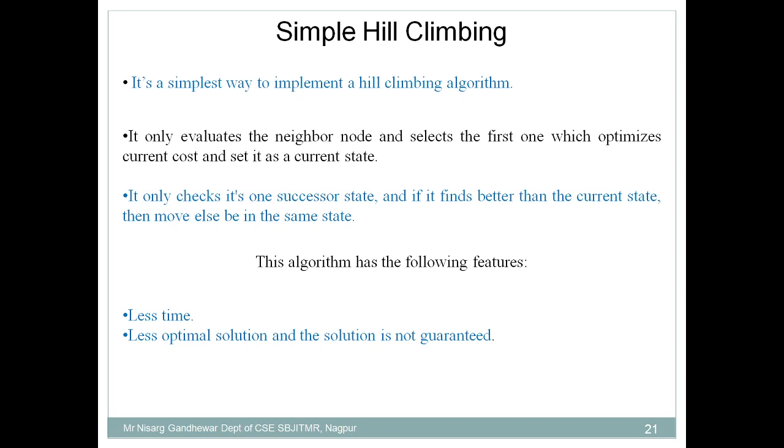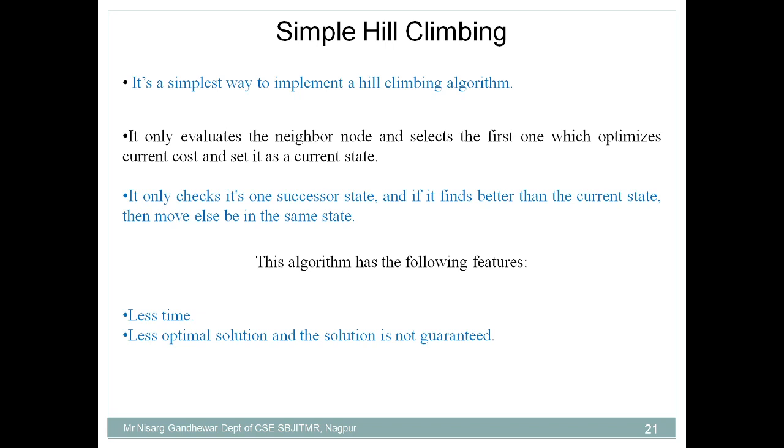The same thing will be there. You are at the current state, you need to evaluate the neighboring node. Suppose that your neighboring node is the optimized one, then you have to change it to current, otherwise you just move to the next one. It only checks one successor state, and if it finds one better, then it sets it as the current state. This is the logic that we are going to use in the simple hill climbing algorithm.